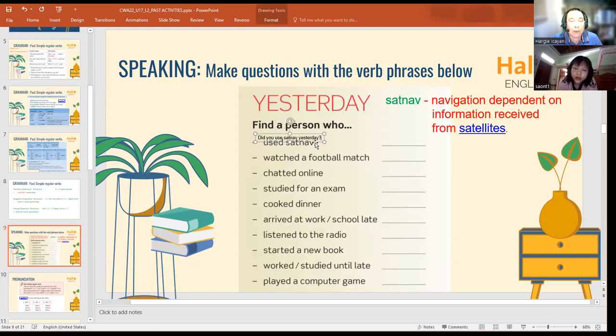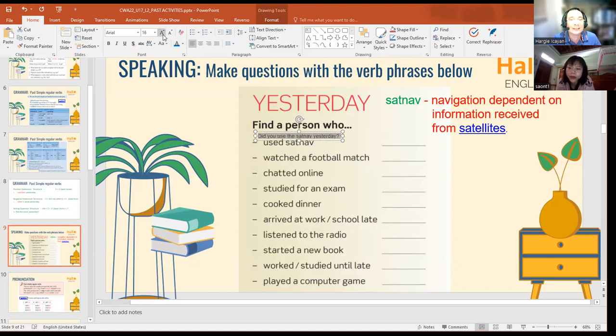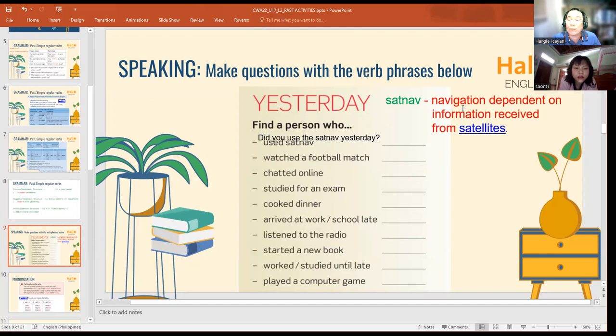Now remember again, did you use the satnav? Satnav means navigation dependent on information received from a satellite.